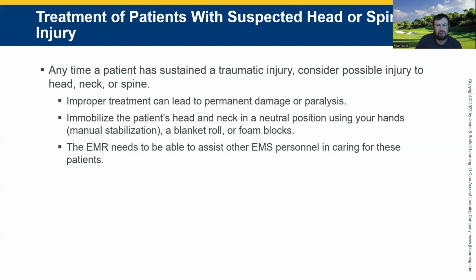Let's see. So when we secure someone onto a backboard or a door or a wood plank or whatever we're using, we need to use what we have available. We can use rags, towels, sheets, shirts, coats, blankets, pillows. We want to pack those voided areas. So behind the knees, we know when you lay down flat, there's a gap between the back of your knee and whatever surface you're laying on, or the gap between the back of your head and your shoulders. There's that spot in the back of your neck.